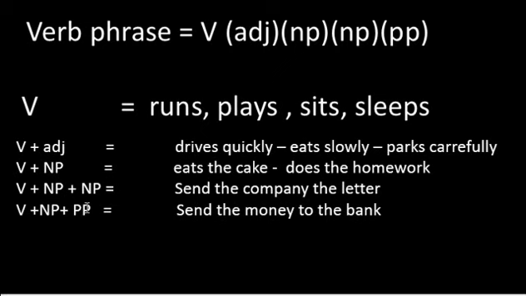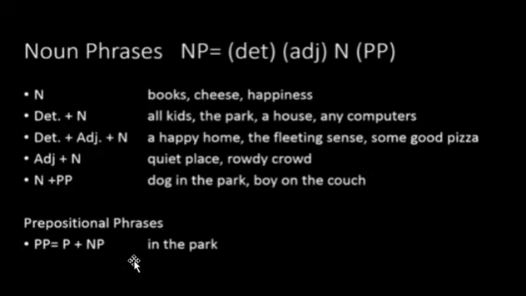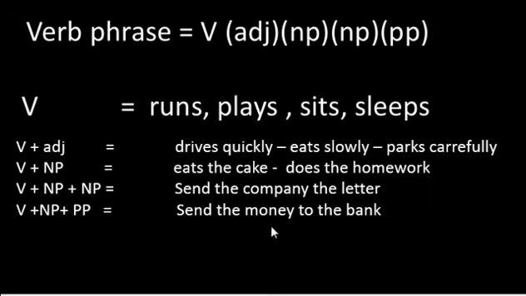You always say preposition phrase is preposition and noun phrase. Okay? And here, the preposition is to, and the noun phrase is the bank. The is a determinate and bank is a noun. Okay.